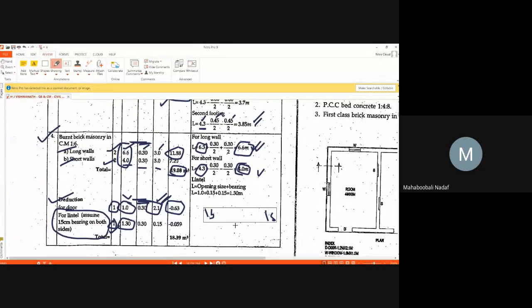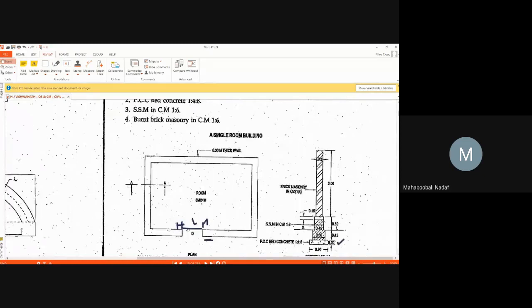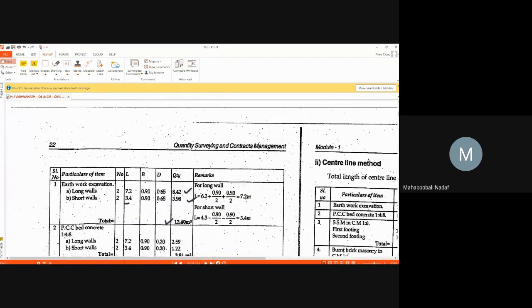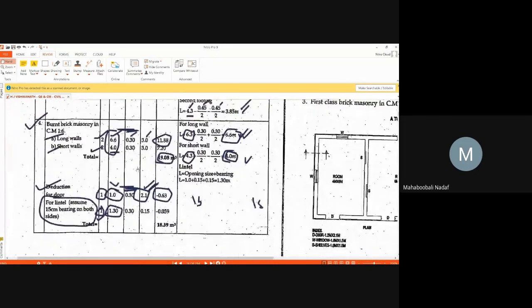Is that clear? So 1 meter is the opening plus 0.15 plus 0.15, that is the bearing of the lintel. So 0.15 plus 0.15 is 0.3, plus 1 is 1.3. So door plus bearing is the lintel, no?